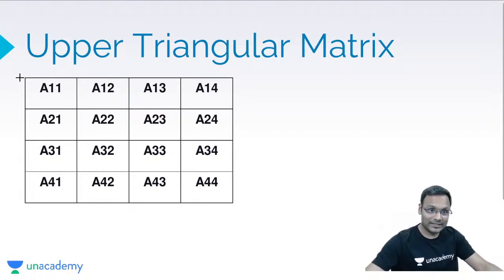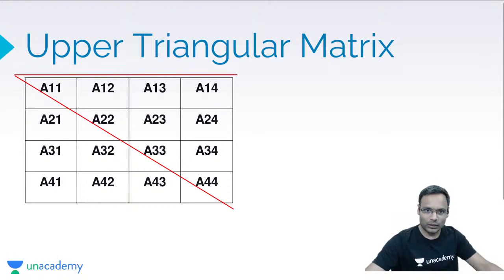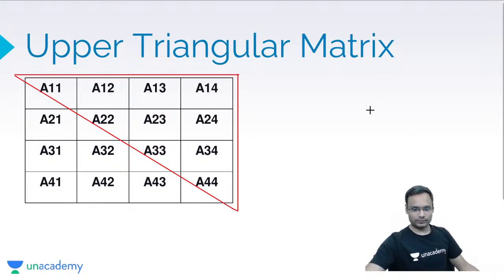Upper triangular matrix says that if you have this, okay, take momos instead of ice cream, whatever you like. This one, main diagonal and above main diagonal, all the elements are non-zero, remaining all zeros. Remaining all zeros, right?